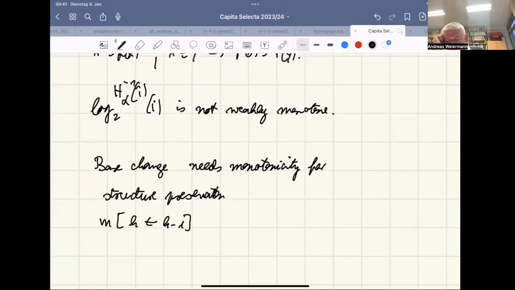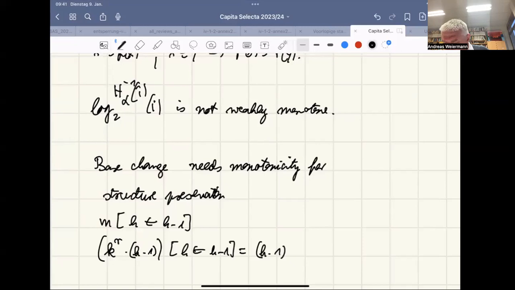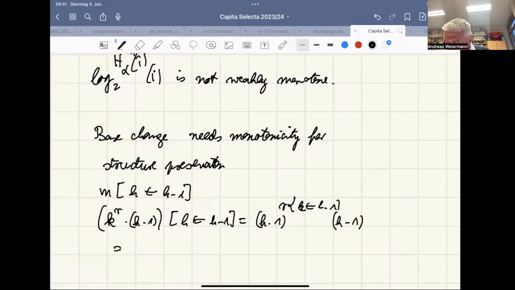What can happen? What is the problem? The problem is, assume that we have a number k to the r times k minus 1. If we here replace k by k minus 1, what's going to happen is, we get k minus 1 to the r, k goes to k minus 1. But k minus 1 stays, and this suddenly becomes k minus 1 plus 1.